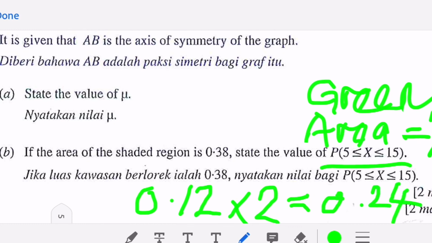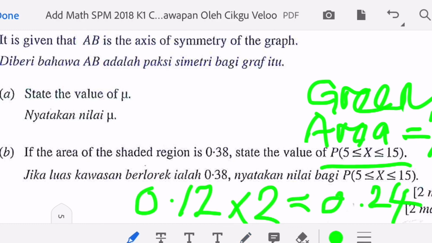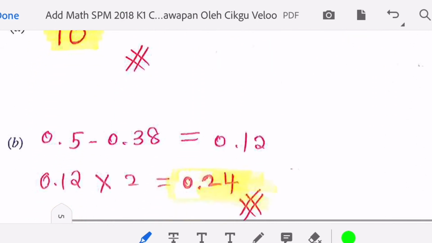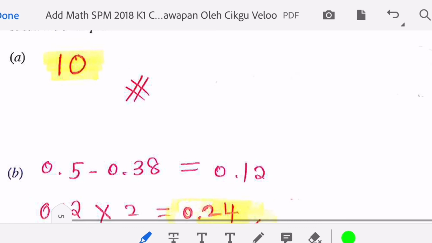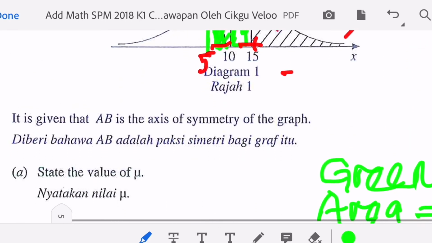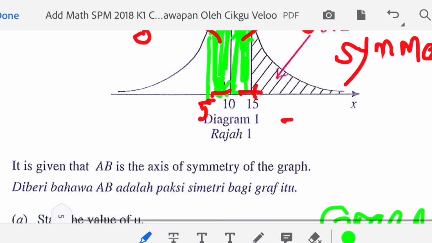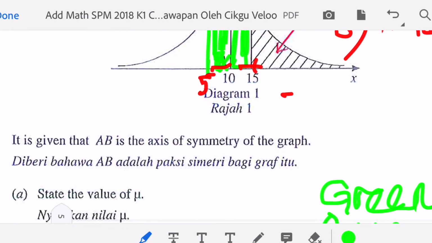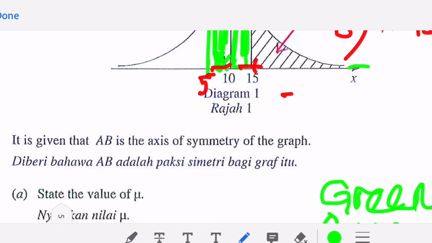So you use x minus mean over standard deviation equals z. That is how you convert from x to z. So the green area is 0.24. Is that clear?